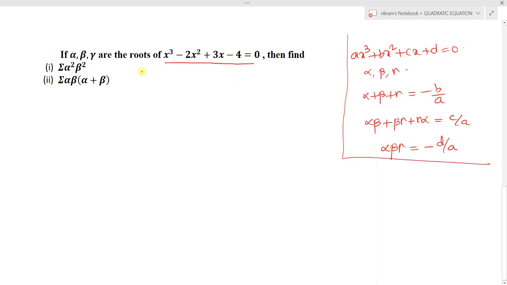He has given x cube minus 2x squared plus 3x minus 4. That means here we need to consider plus and minus alternately for better understanding.